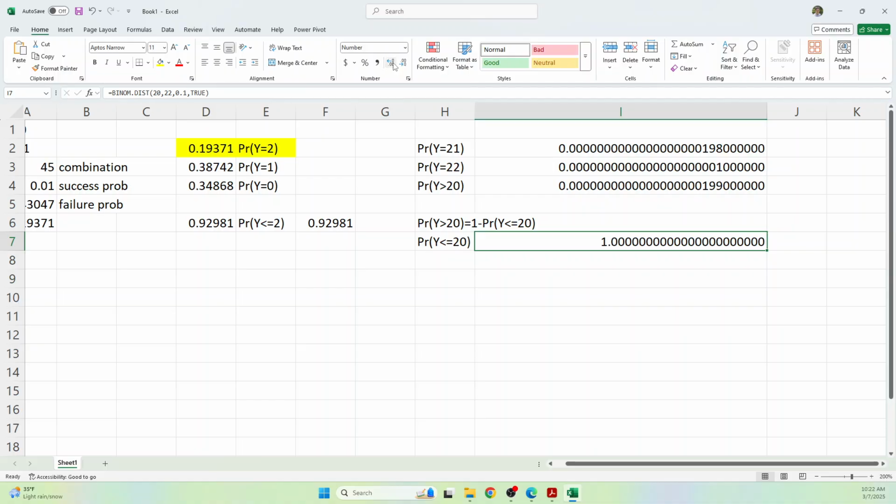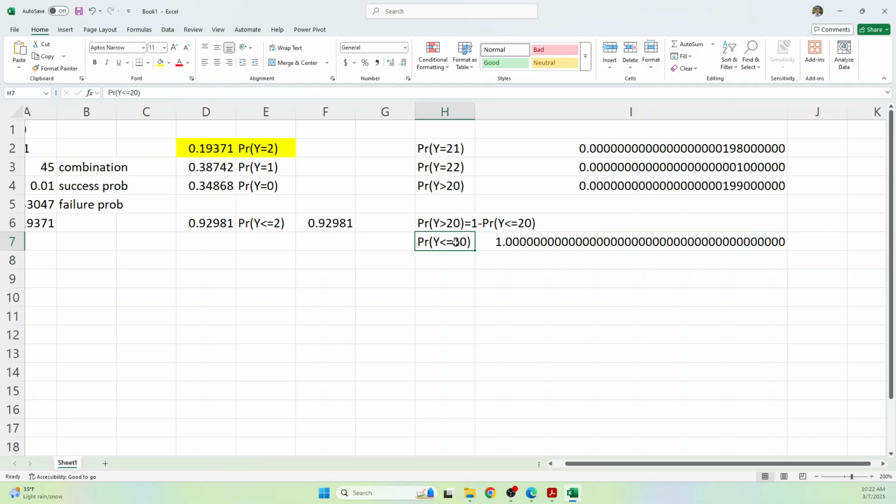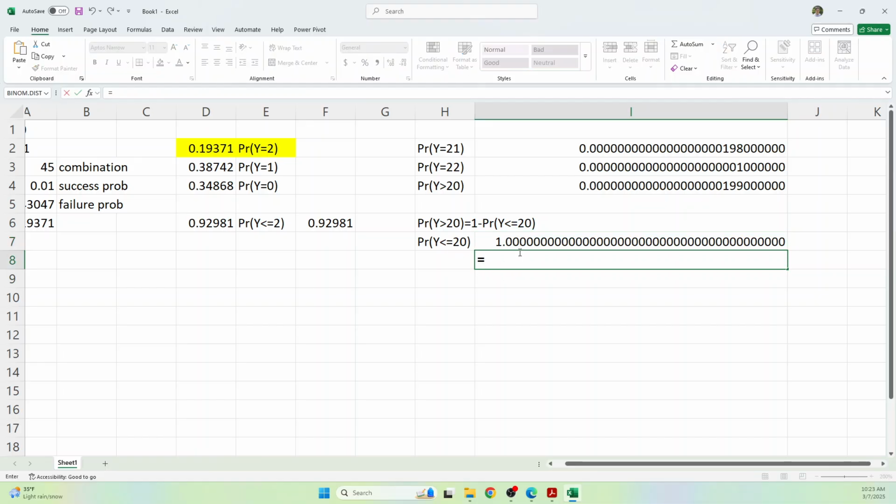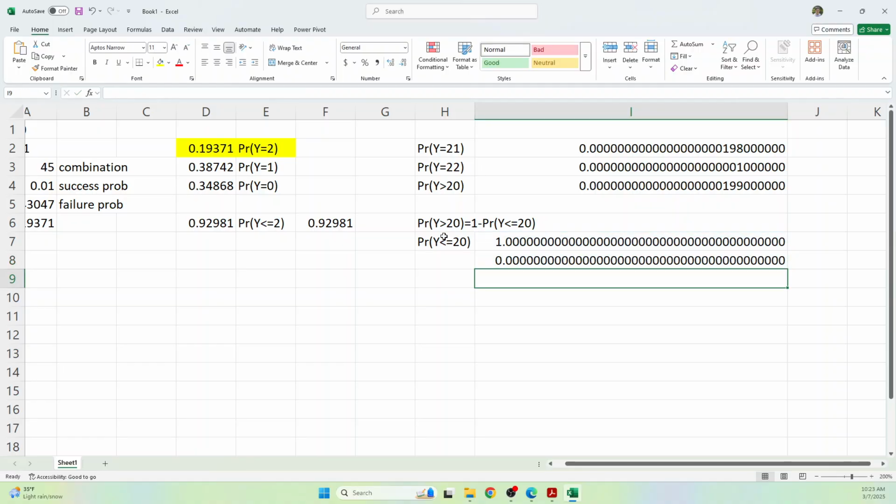So you will get, how many zeros do I have? Wow. Did I do anything wrong? Then if you take 1 minus this probability, oh, something is wrong. What is wrong? I don't think there is anything wrong.